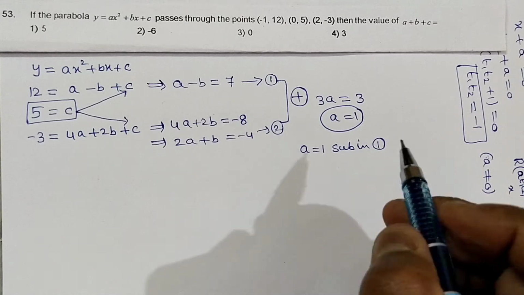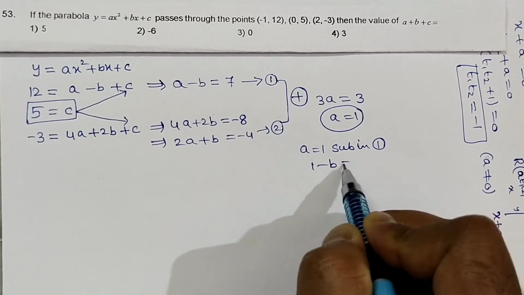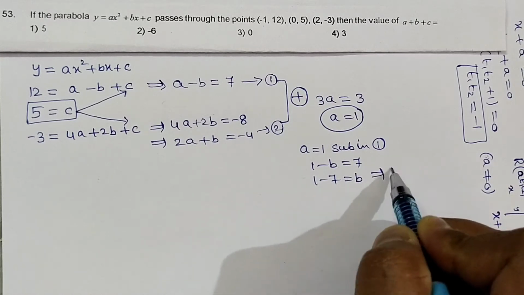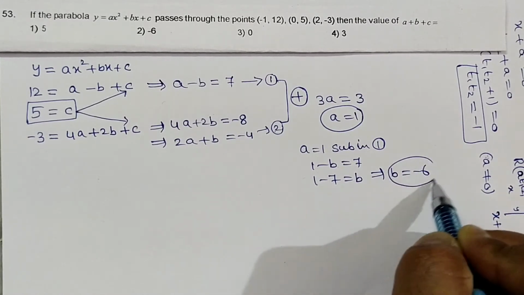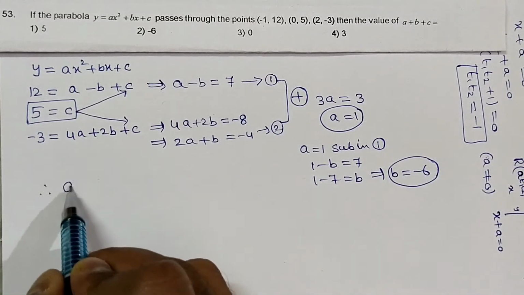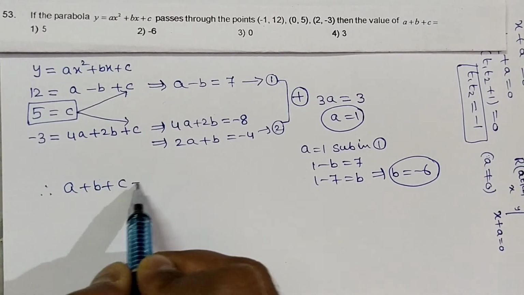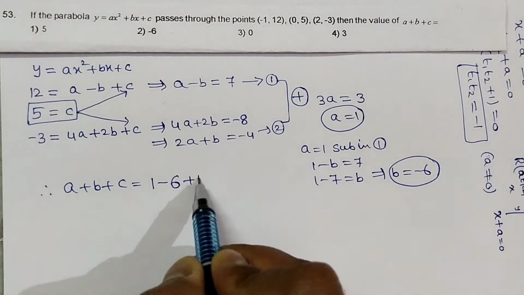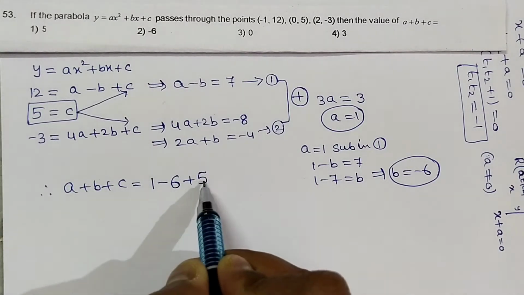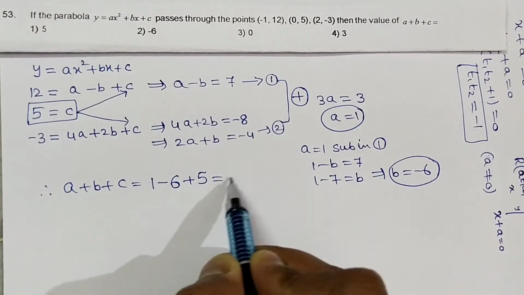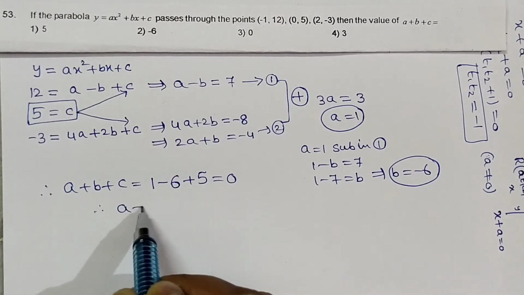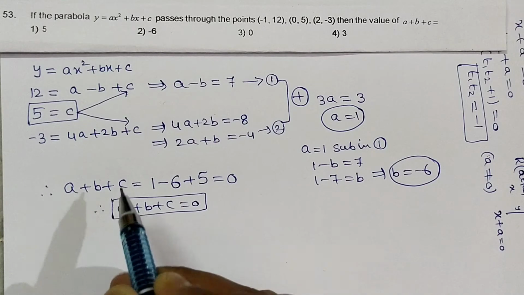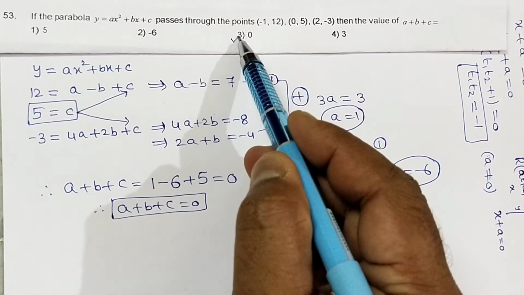We get 1 minus b is equal to 7, so b is equal to 1 minus 7, that implies b is equal to minus 6. Therefore a plus b plus c equals 1 minus 6 plus 5, which is 0. So the value of a plus b plus c is 0, which is the third option.